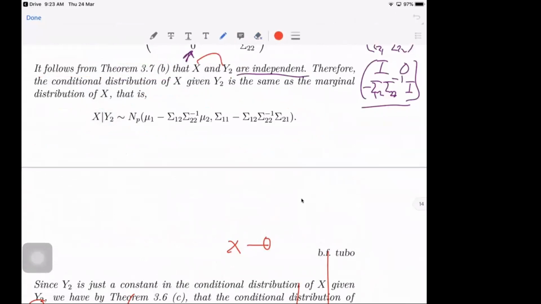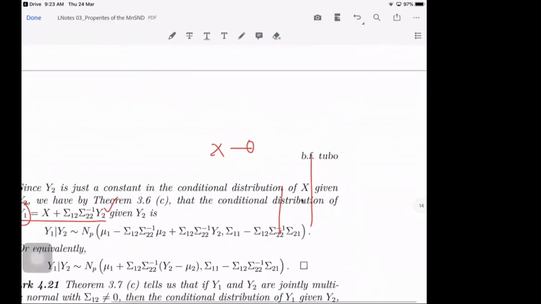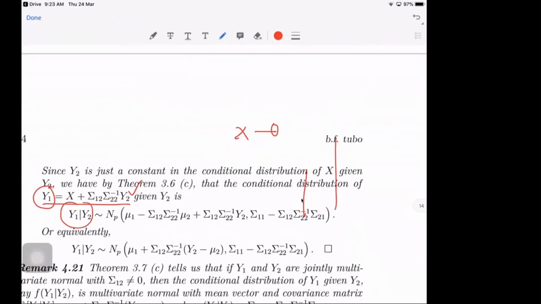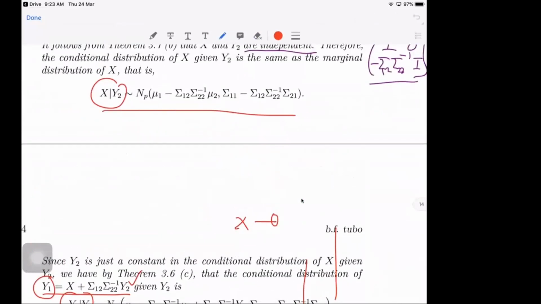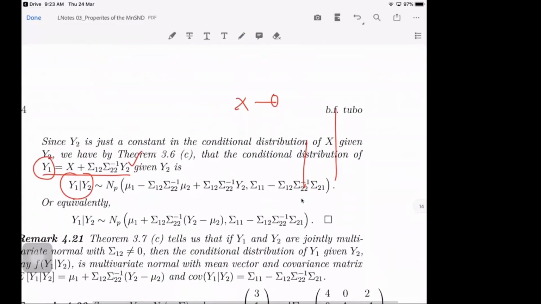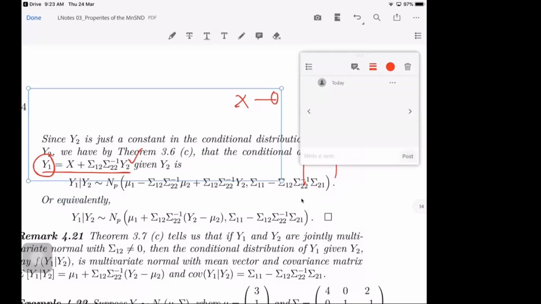This is not our concern, but our concern is the conditional distribution of y1 given y2. So since you already have the conditional distribution of x given y2, you can rewrite x in terms of y1 and find the conditional distribution of y1 given y2.